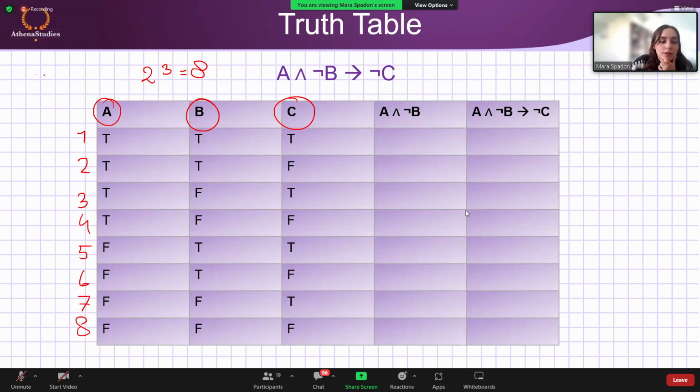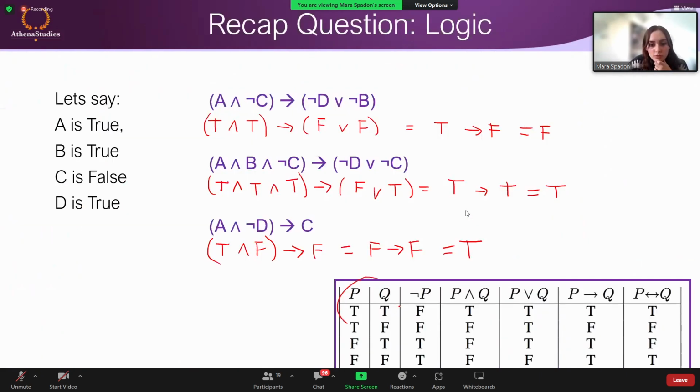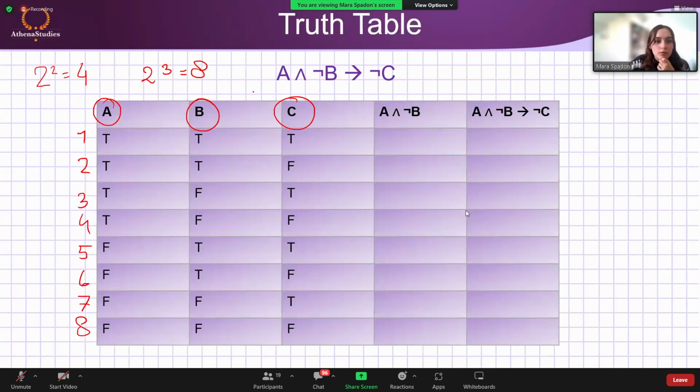Same if we would only have A and B, then we would have 2 to the power of 2, we would have 4. Remember with P and Q, we have 2, so then we only need 4 rows here. So that's a little trick to remember: 2 to the power of n gives you the amount of rows you need in the truth table.